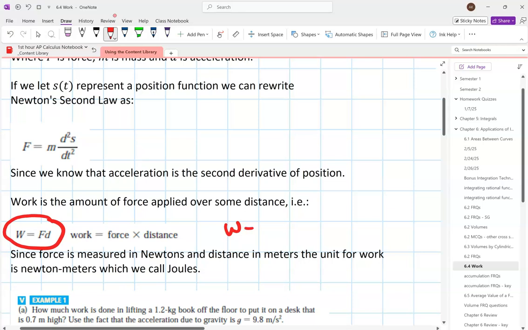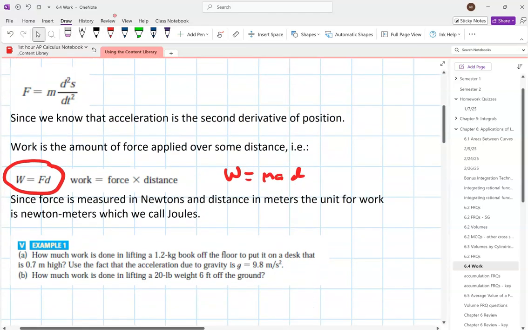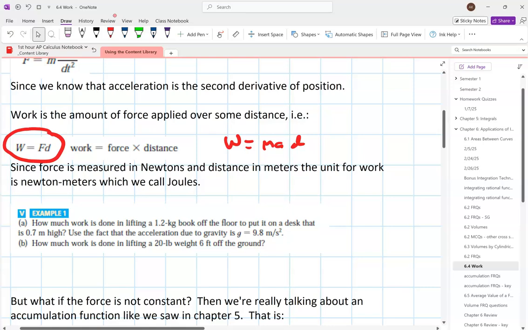So in some ways you could think of work as just mass times acceleration times distance, right? Because we're just substituting the formula for force in there. In your physics class, these calculations probably would have been rather simple.